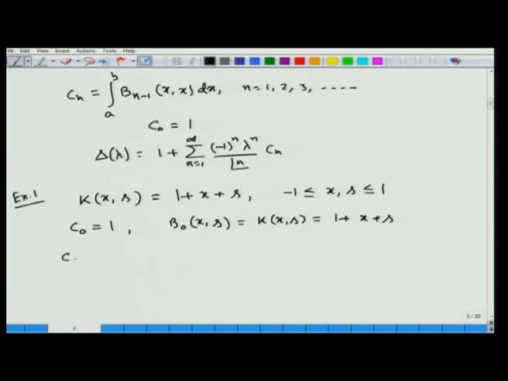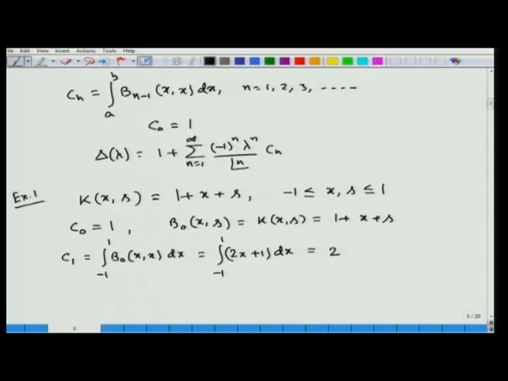So, C1 is equal to the integral from -1 to +1 of B0(x, x) dx. So, this is equal to the integral from -1 to +1 of (2x + 1) dx, and after evaluating this integral you can calculate that C1 is equal to 2, because the integral from -1 to +1 of 2x dx is equal to 0 and the rest of the term will result in 2.